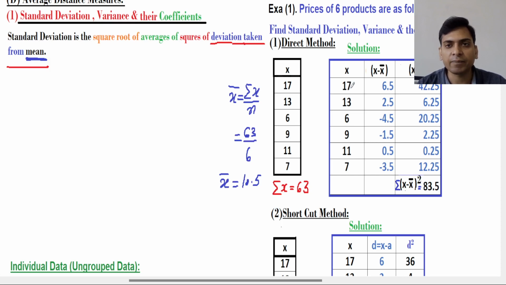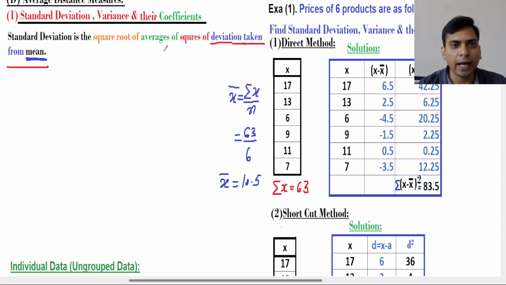So 17 minus 10.5, this means x minus x bar, equals 6.5. Next is 13 minus 10.5, which is 2.5. In that way we can find all these values, and these are all considered deviations taken from the mean. Some values are positive, some are negative.